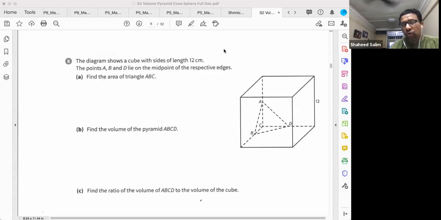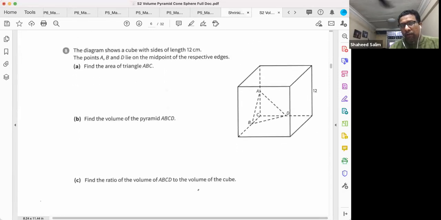So I'm gonna draw out triangle ACB, in case you cannot see. So now in 2D, that is in 3D. Now in 2D is like that. And then from here to here is 12.